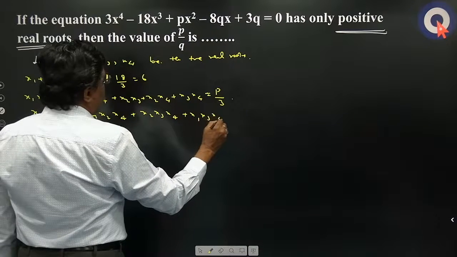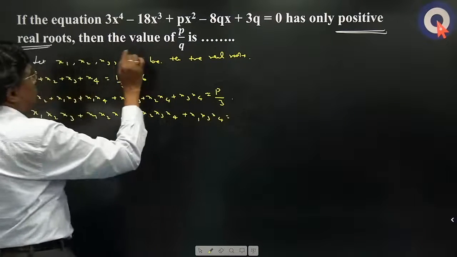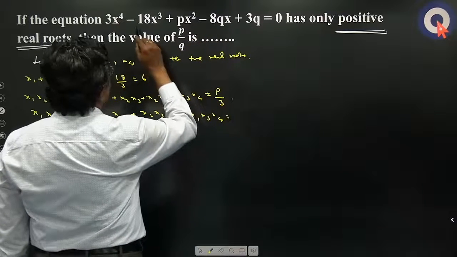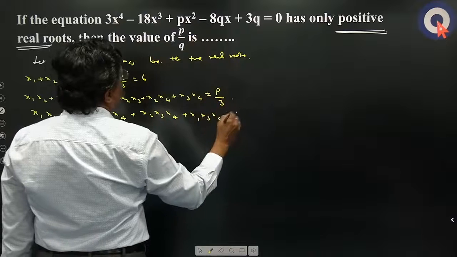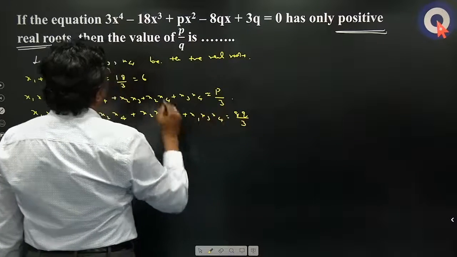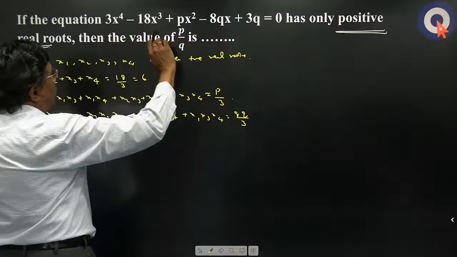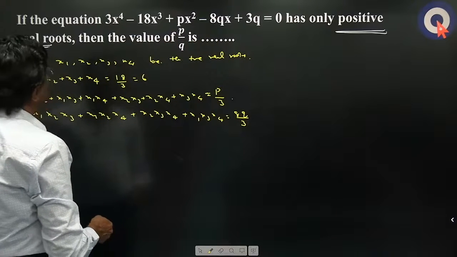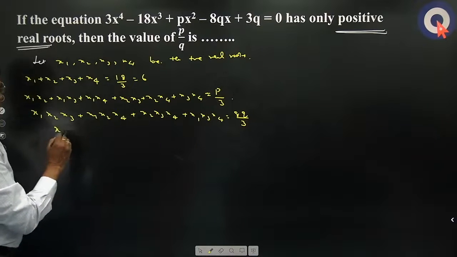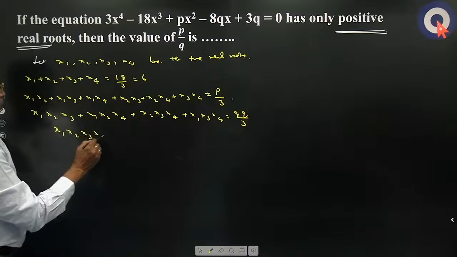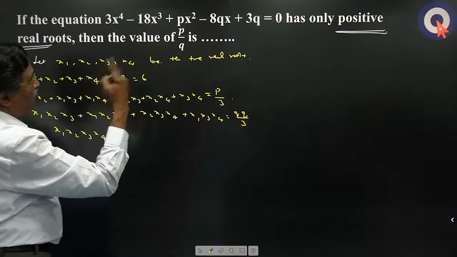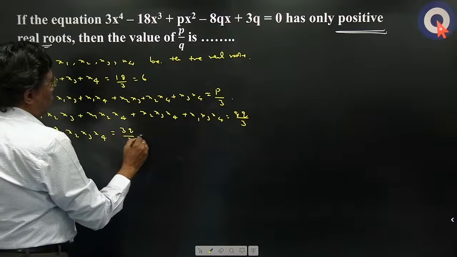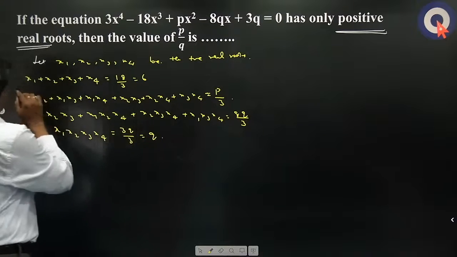This is minus of minus 8q by 3, because you have minus d by a. So 8q by 3. All right. And then x1 x2 x3 x4 is equal to the product, which is 3q by 3, which is q.